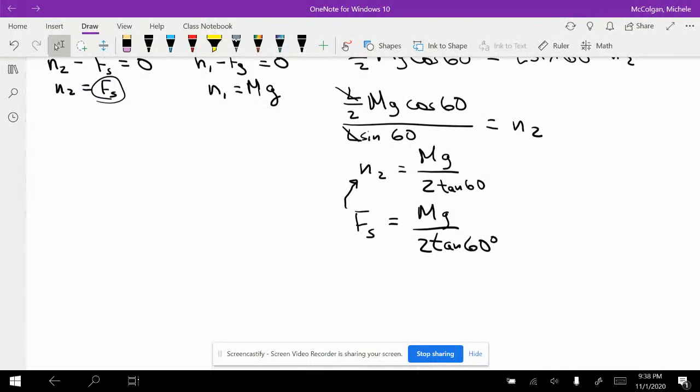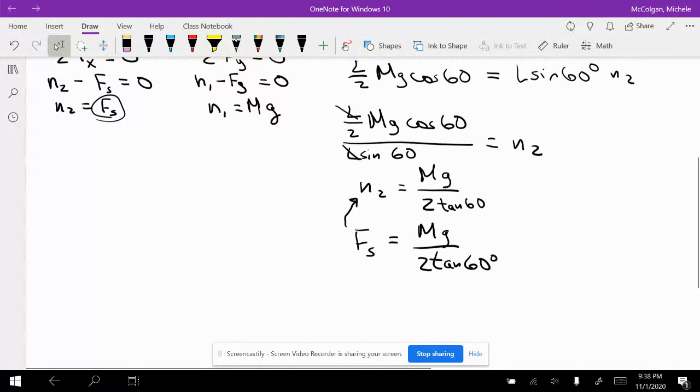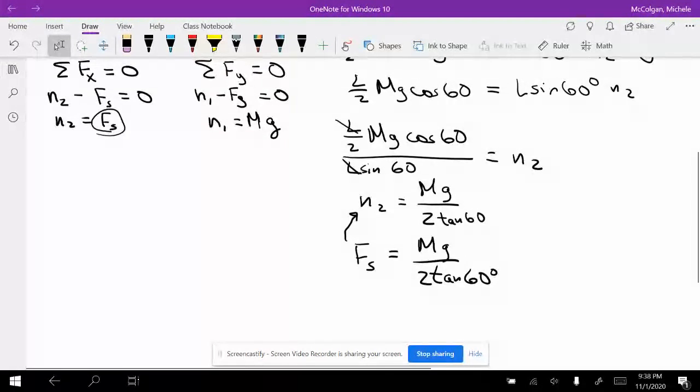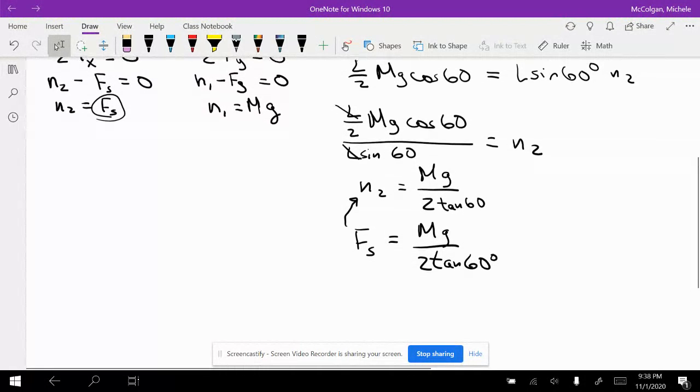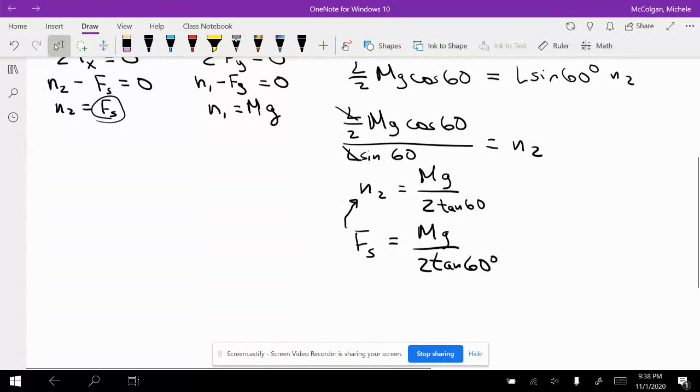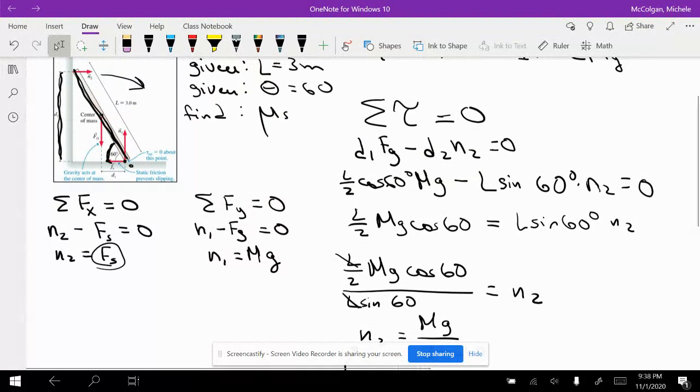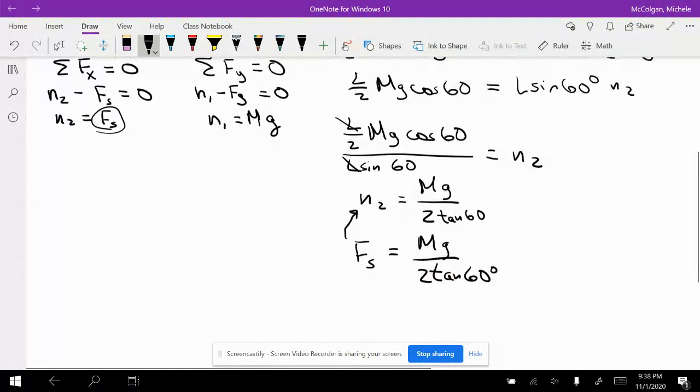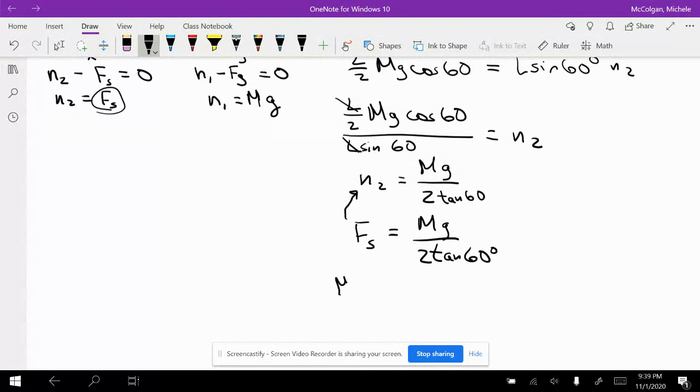I also know that my Fs, if I look back at my picture, is mu times N1, which is equal to mg over 2 tan 60.